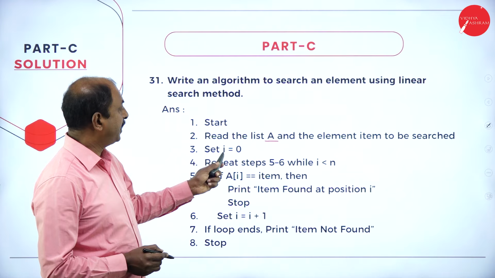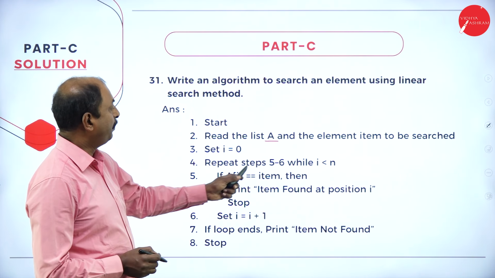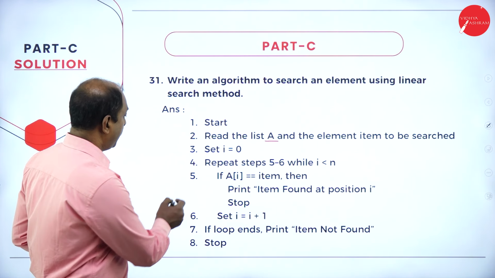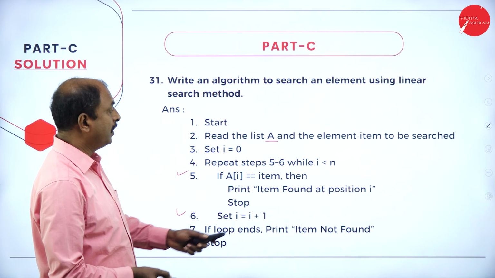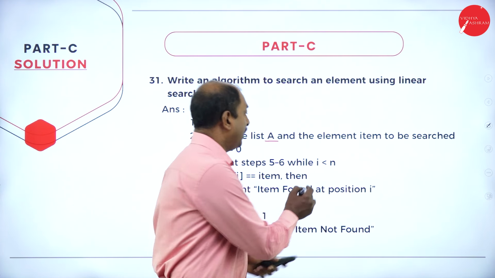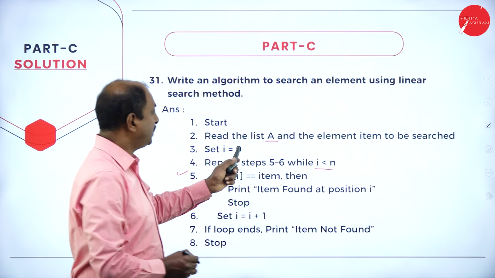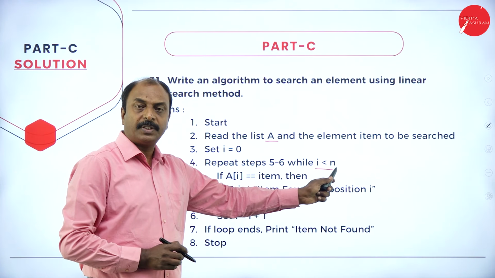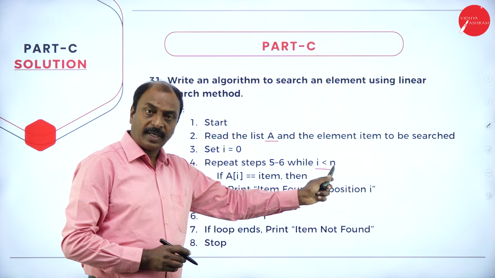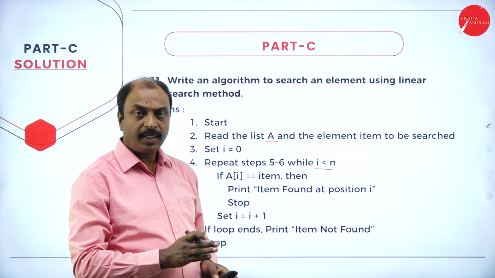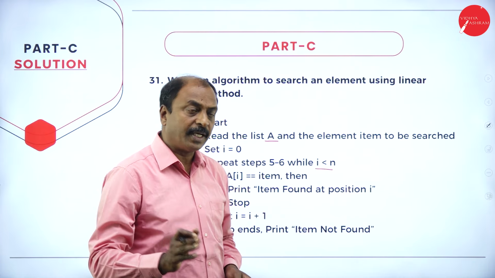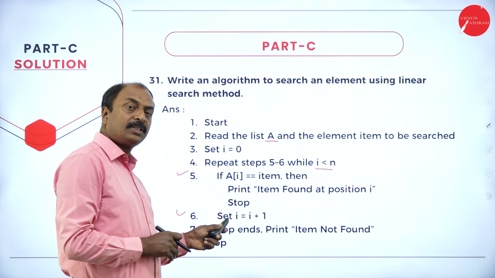Now set the index I to 0. Repeat steps 5 to 6 while I is less than n. N is the size of the list and I starts at 0, meaning from the starting index till the end of the list, we keep repeating these steps.